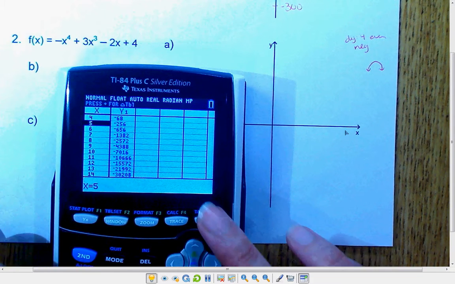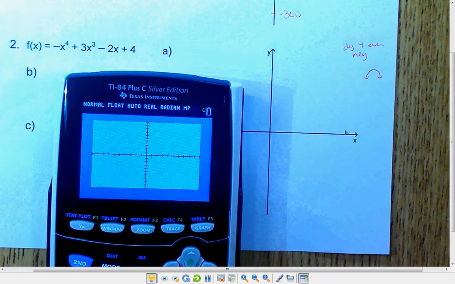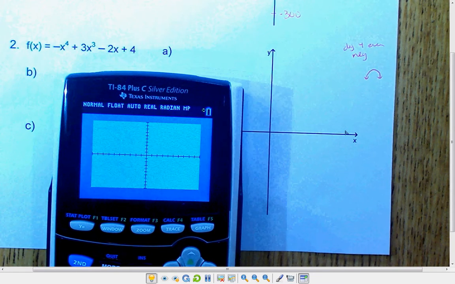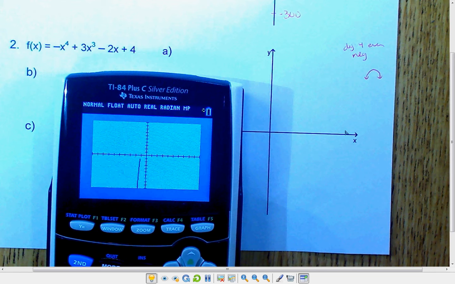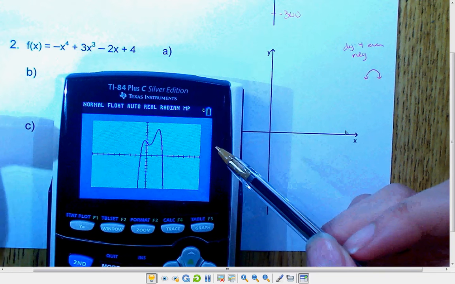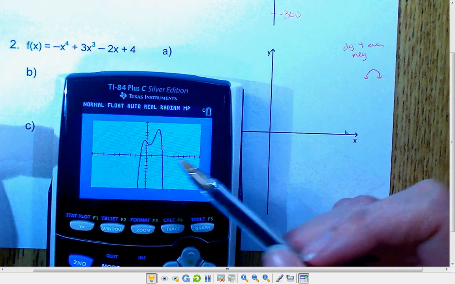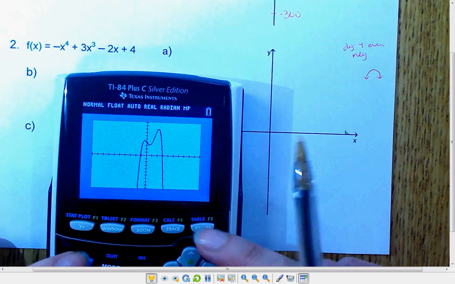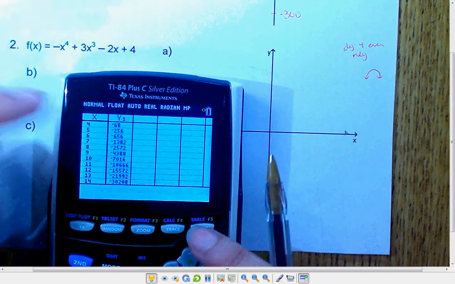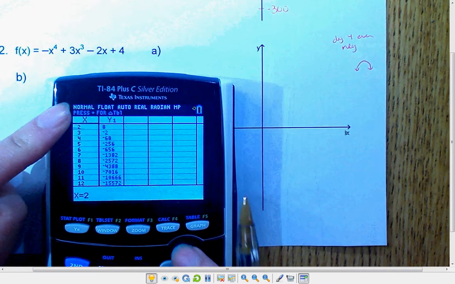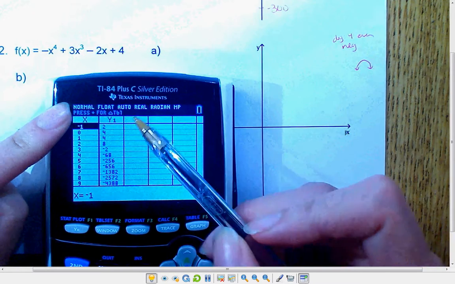So it seems like for this one, it's not going that far up. So let me just use my original window, negative 10 to 10, negative 10 to 10. Let's see how this looks. Press graph. And you can see the entire function in this window. So this is fine. Right, so in your table, because it didn't get any bigger than 10, we can just use that. Well, here it goes. It goes 2, 4, 4, 8.